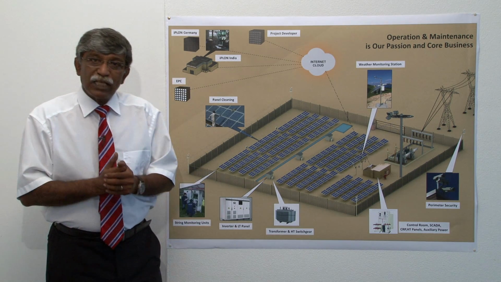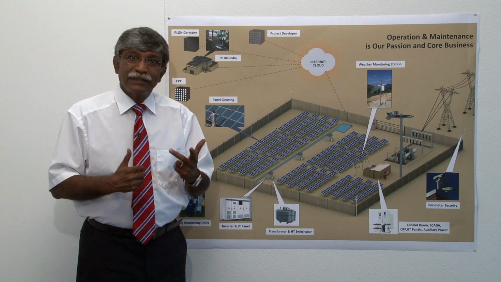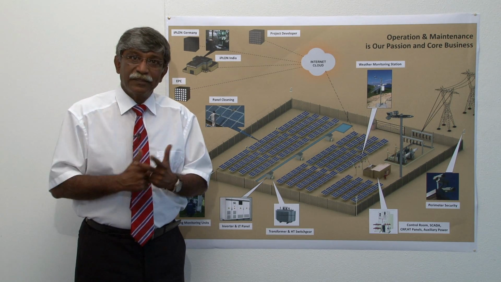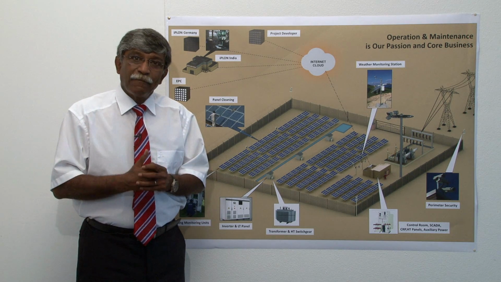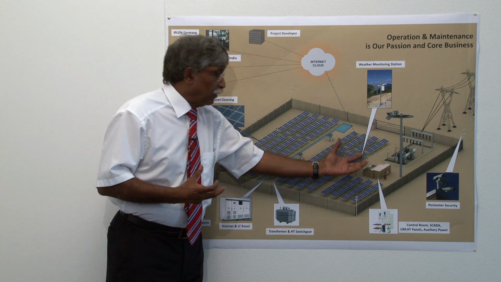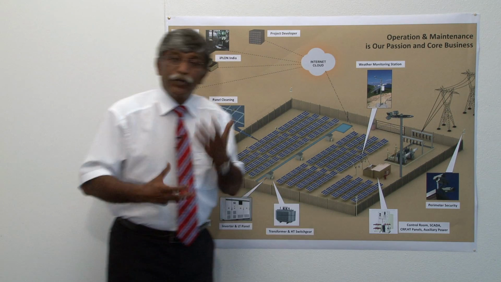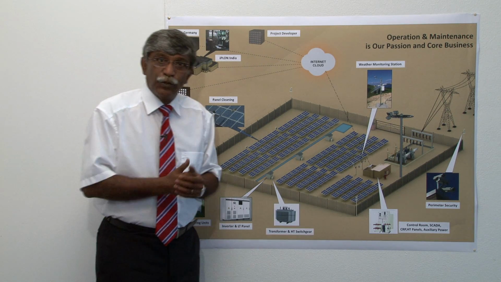The two most important aspects of solar power plants are the performance ratio and the availability of the plant. Performance ratio is basically understanding how much energy is available as harvesting and how much energy is being fed to the grid. So the coefficient of these two gives you the performance ratio.